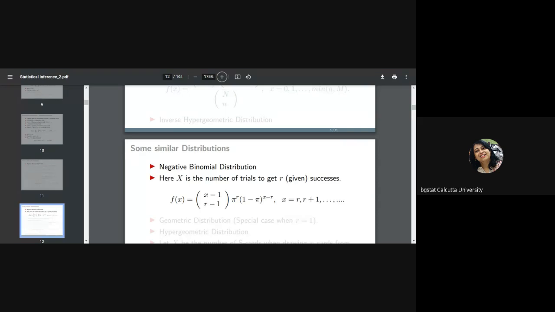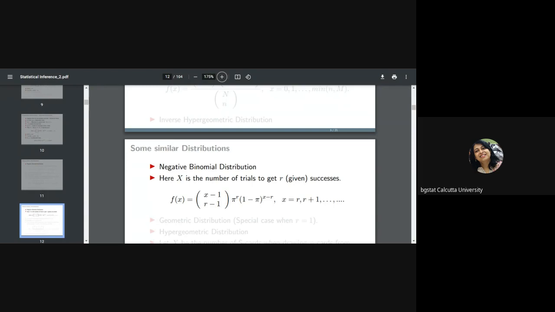The trials are assumed to be identical, which means that the probability of any trial resulting in success is assumed to be some constant value pi. The trials are also assumed to be independent, meaning that the outcome of any one trial does not affect the outcome of any other trial.